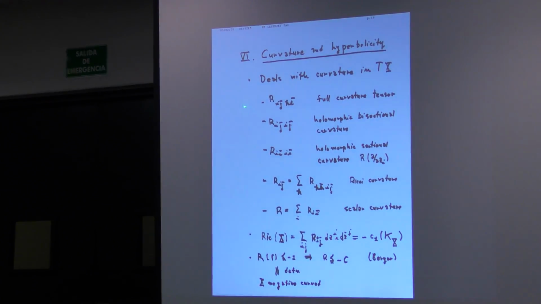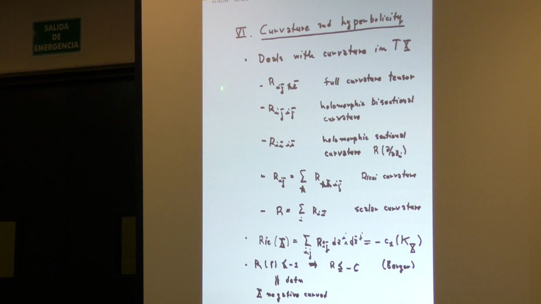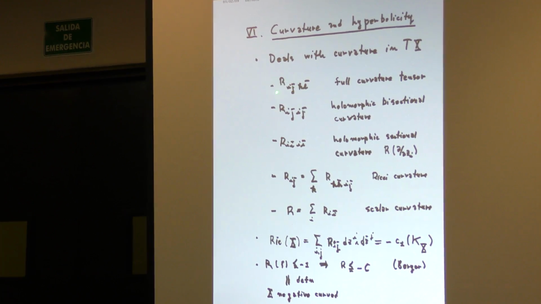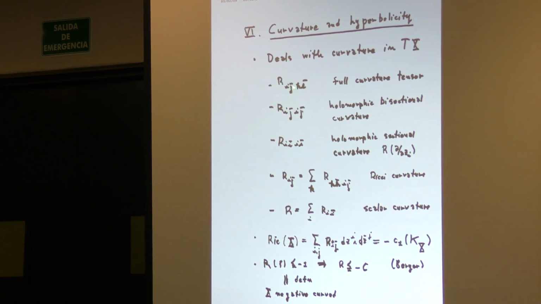So you have the full curvature tensor. It has Hermitian matrix coefficients, with two-forms, or differential forms of type (1,1), as entries. The holomorphic bisectional curvature is something that you get when you take a pair of complex vectors in the tangent space.